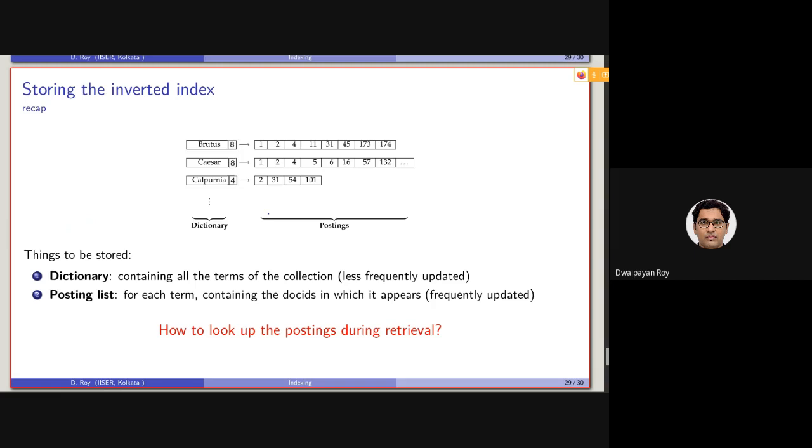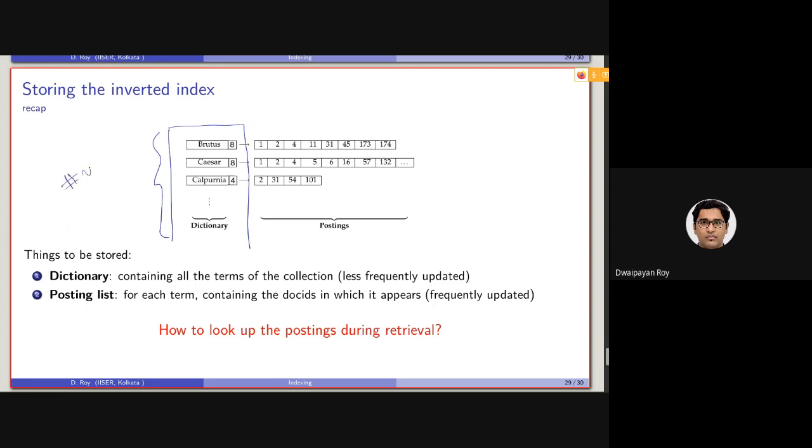But again, one question still remains unanswered: while retrieval, how to actually look up this dictionary, because this dictionary can also be quite large. The length of this will be basically the number of unique terms, right?